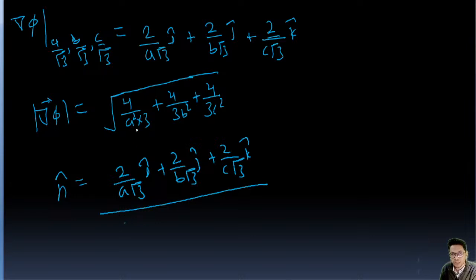So we can take 2 outside and root 3 outside, so it is going to be 2 upon root 3 outside, and this is going to be root. First we'll write as it is, okay.